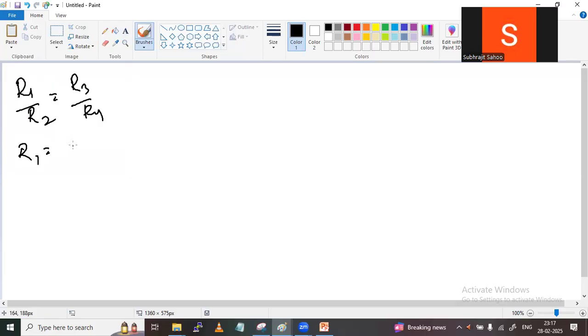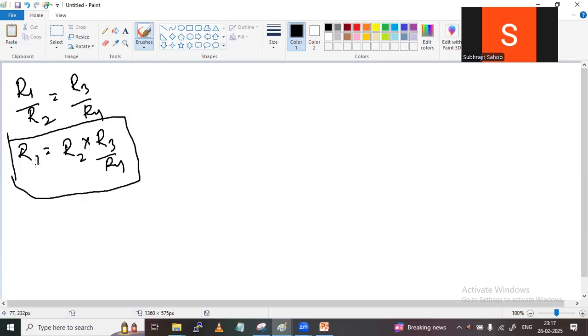R1 becomes R2 into R3 by R4. This is one expression I found. R1 is the unknown resistance, so I can calculate the unknown resistance. This is the case I derived when the circuit is balanced.